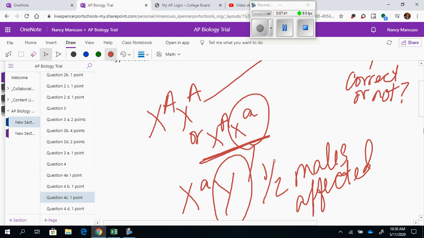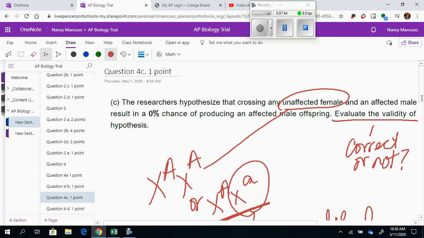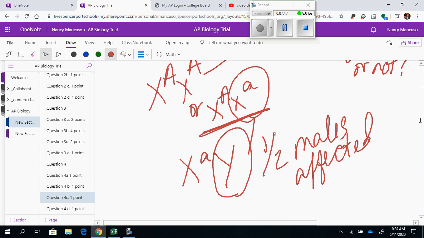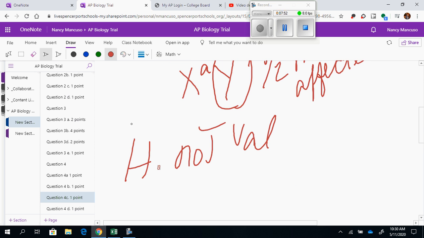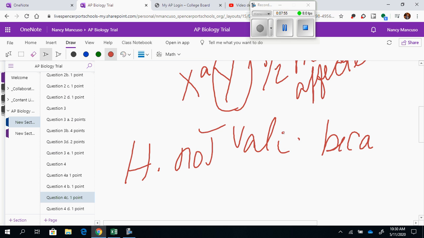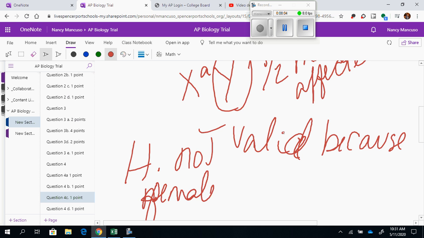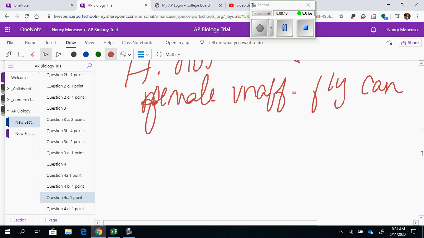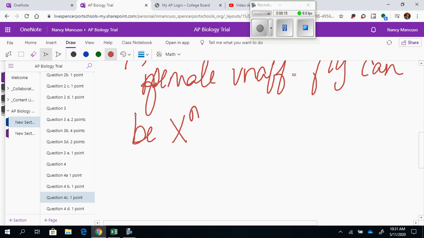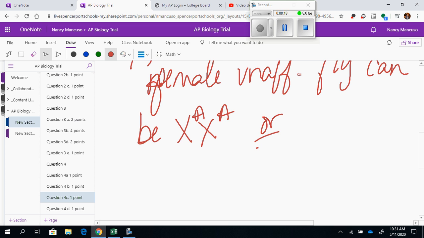So the question said, evaluate the validity of the hypothesis. I would say that the hypothesis is not valid, because the female fly can be X big A, X big A, or X big A, X little a.